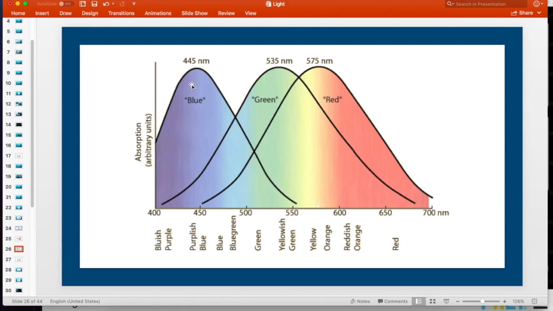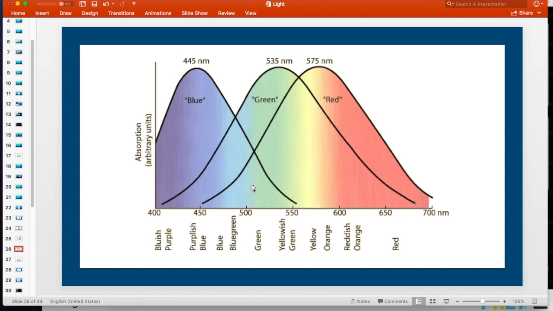Remember, blue light has a shorter wavelength, therefore higher frequency and higher energy. So the blue cones pick up this part. The green cones pick up middle wavelength light, and the red cones pick up long wavelength light.